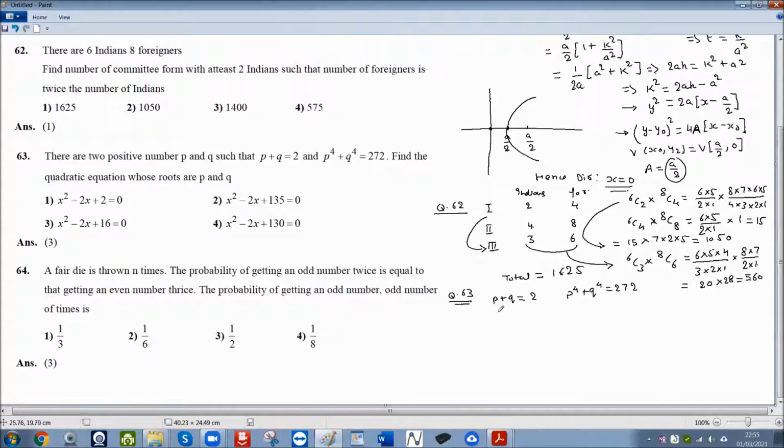Now for that we can square this term and get P square plus Q square plus 2PQ is equal to 4.